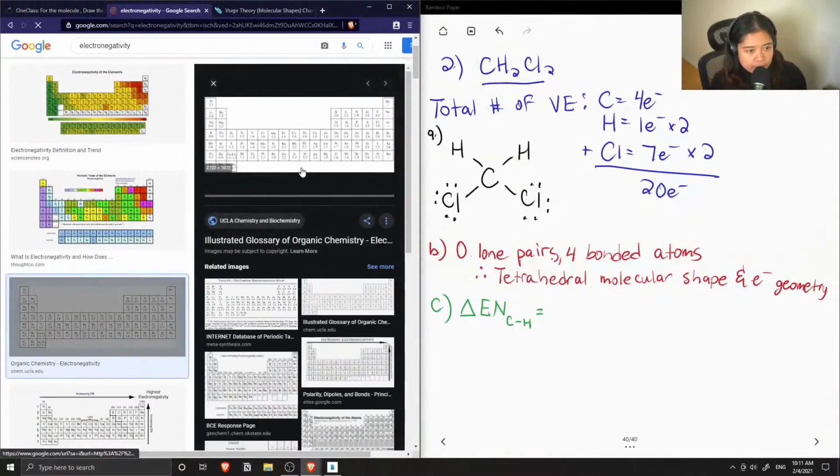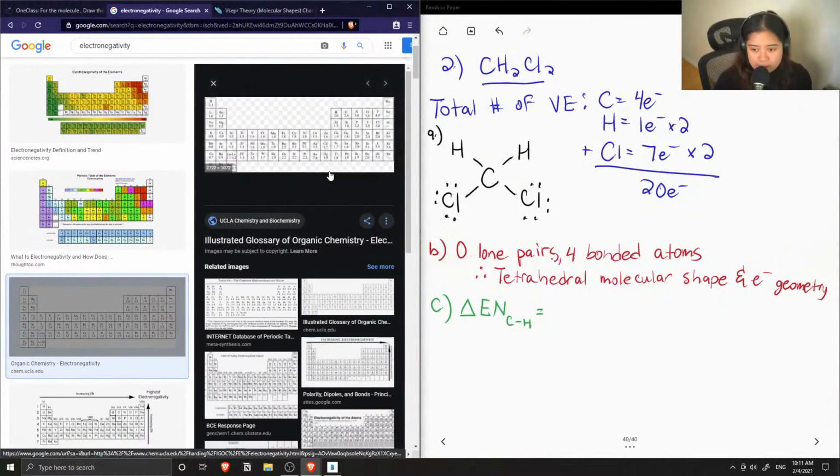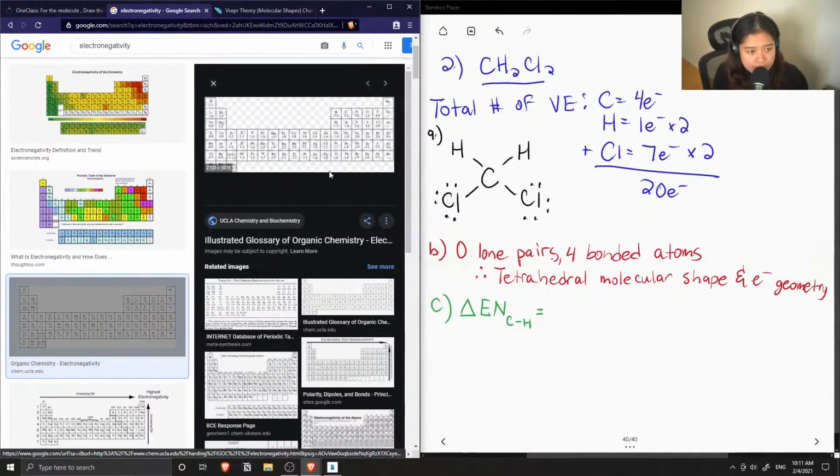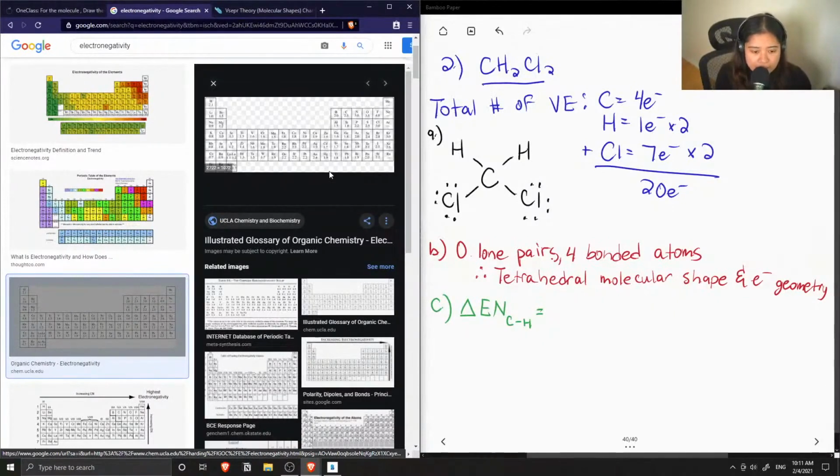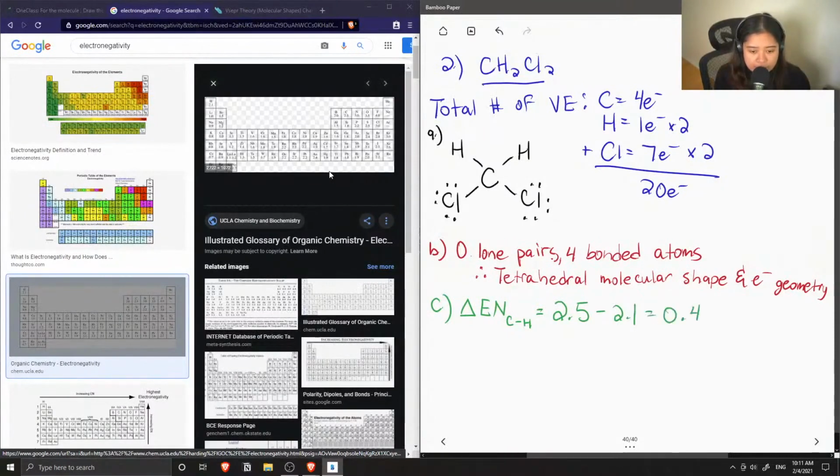Okay, so here's a periodic table that lists all of their electronegativity values. So it's kind of rounded off, but for carbon, its electronegativity value is 2.5, and hydrogen's is 2.1. So the difference between the two is 0.4.